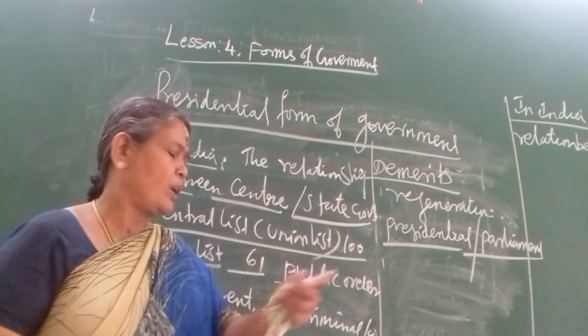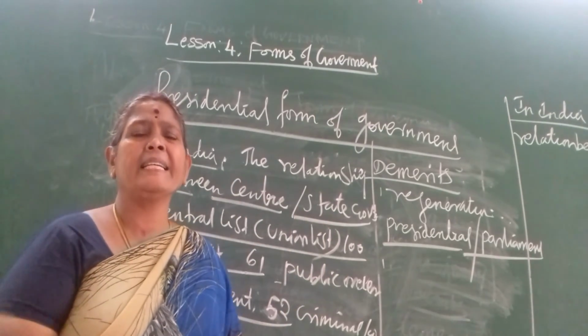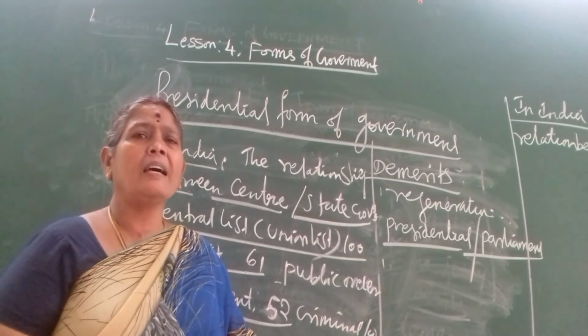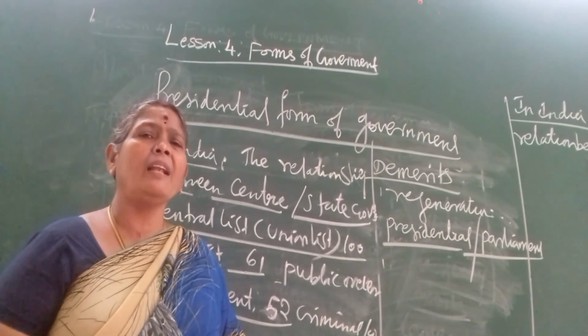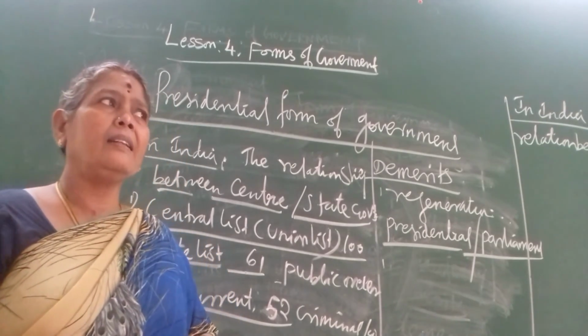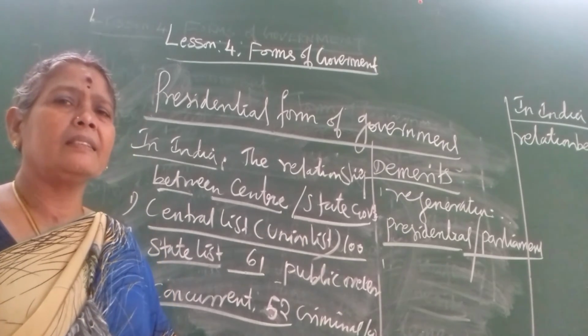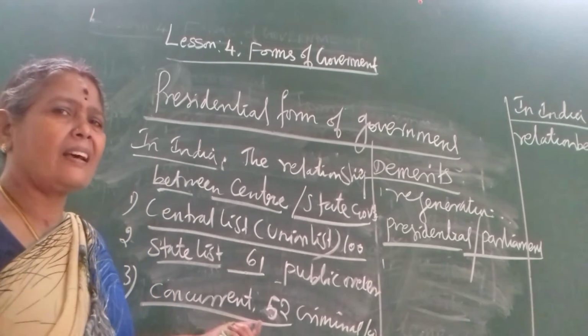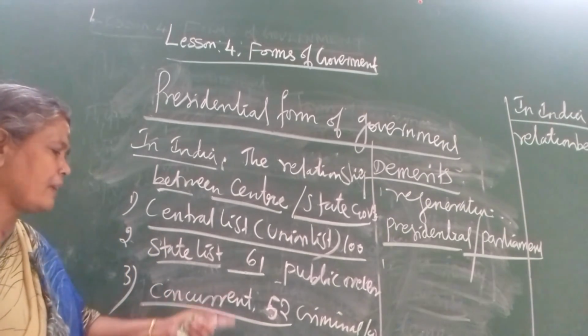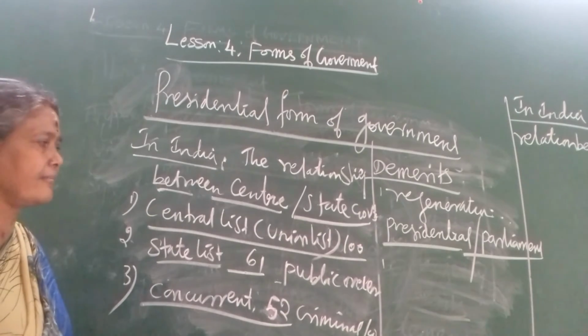And next one is regarding education and some of the public welfare schemes. Then for example, marriage, divorce. So these are examples. It is coming under the concurrent list.